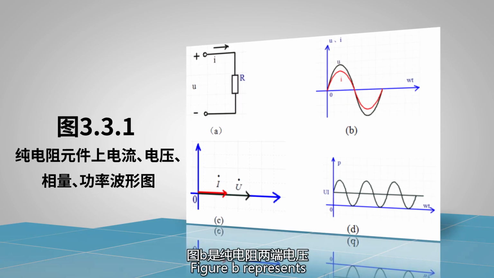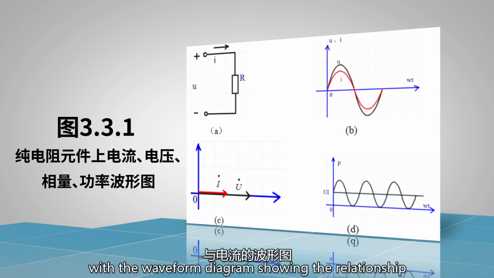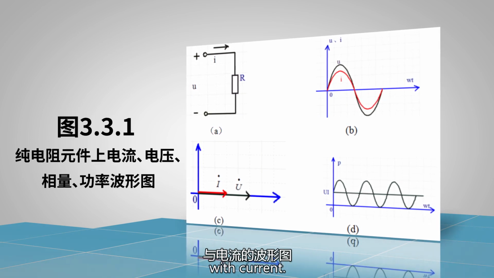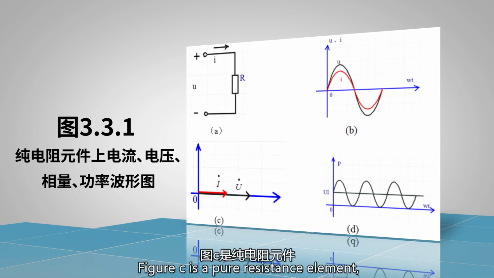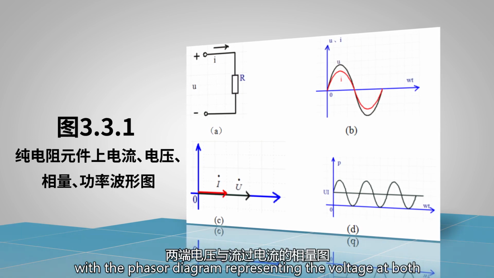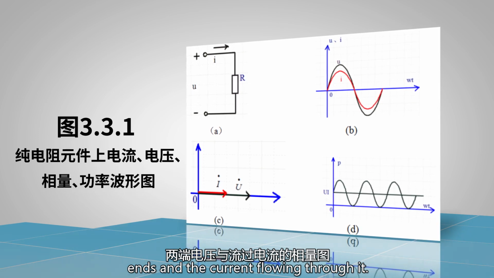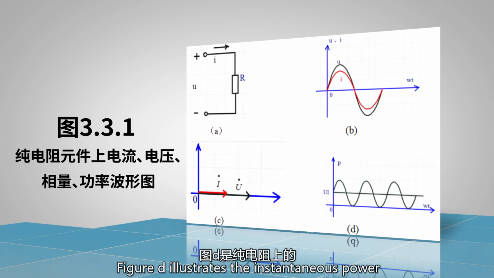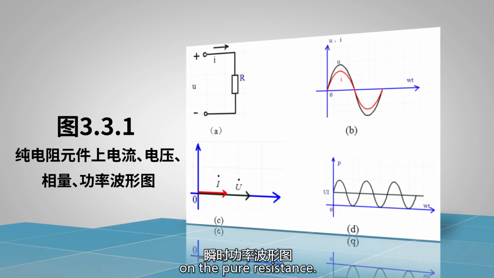Figure B represents the voltage across the pure resistance, with the waveform diagram showing the relationship with current. Figure C is a pure resistance element, with the phasor diagram representing the voltage at both ends and the current flowing through it. Figure D illustrates the instantaneous power waveform diagram on the pure resistance.